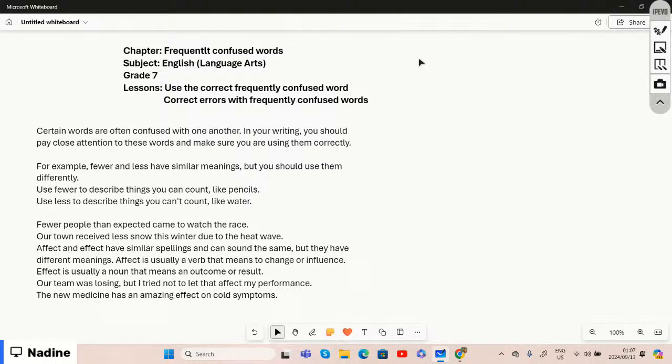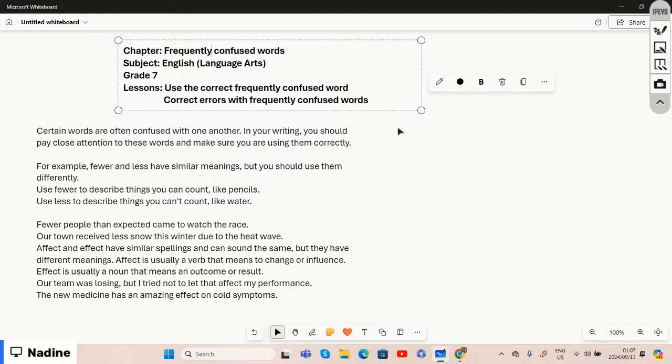All right, so when it comes to certain words, certain words are often confused with another word. Sometimes you'll have a word that may seem like it is the same, or the spelling is the same, or the pronunciation is the same, but the way the word is used within a context is different.